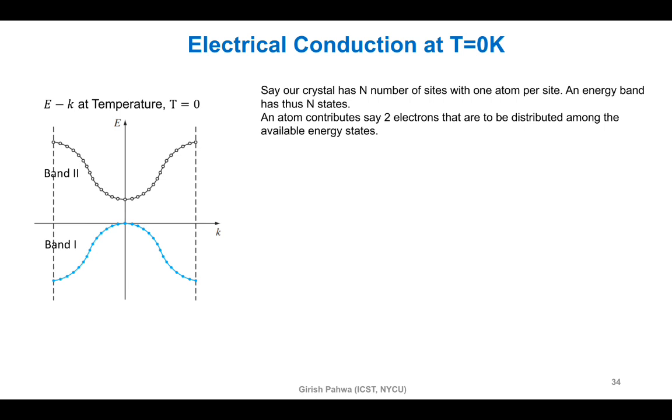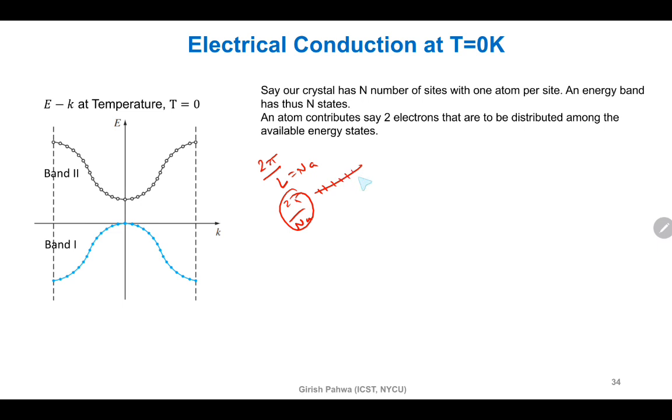If you have n number of sites in a crystal, then how many k's do you get? Through the periodic boundary condition, we saw that we will get n k states in the Brillouin zone. Remember 2 pi by L, where L is n times a. So 2 pi by Na is the difference between two k values.